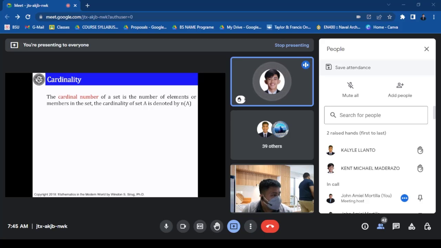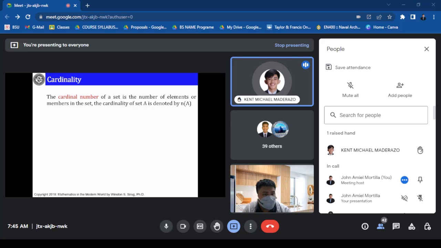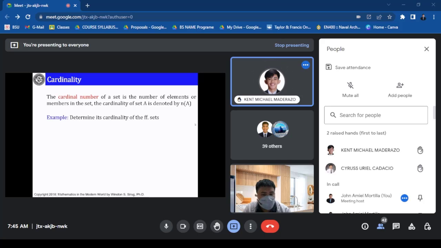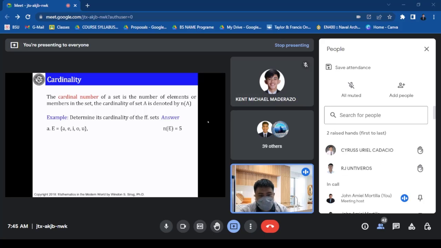The cardinal number of a set is the number of elements or members in the set. The cardinality of set A is denoted by n of A. Okay, so example, determine its cardinality of the following sets. So, A, E, I, O, U. So, cardinality n of E is equals to 5.